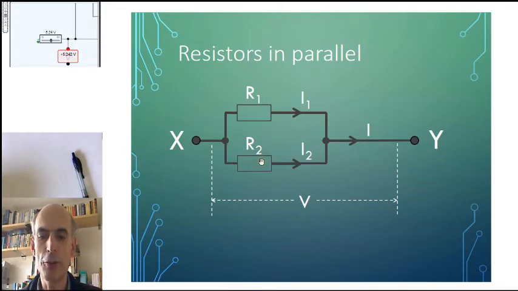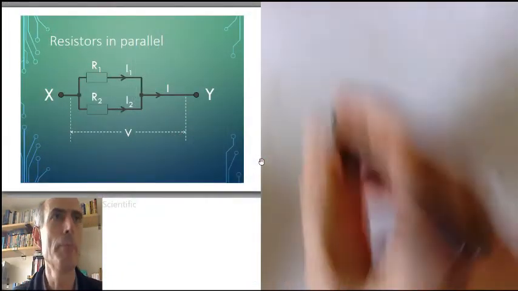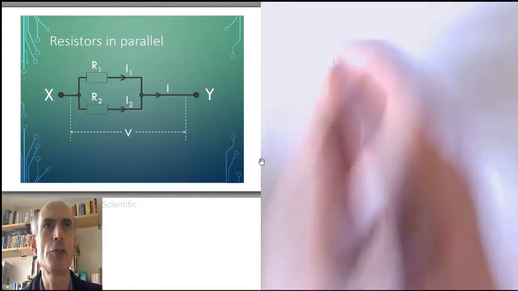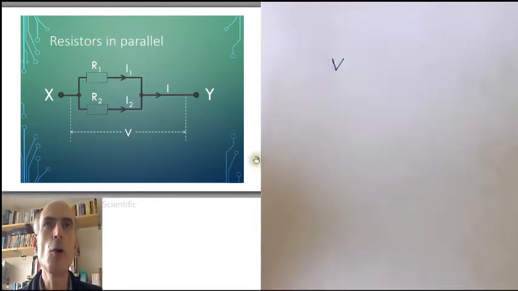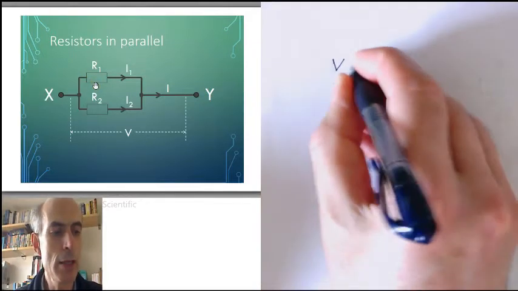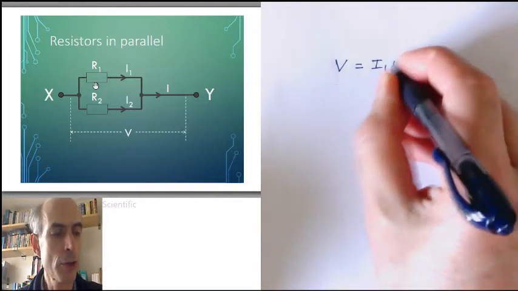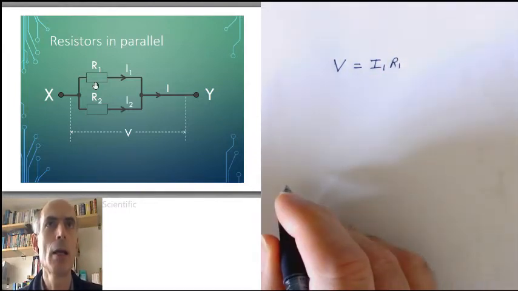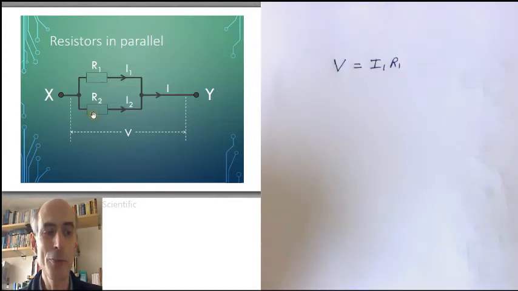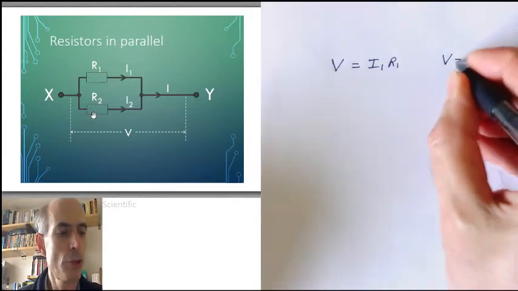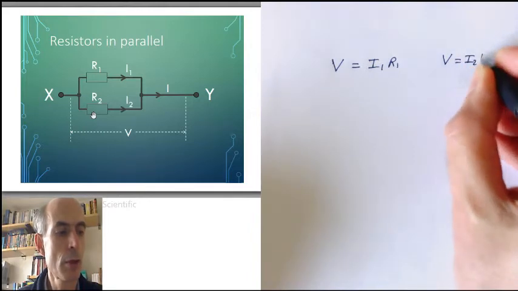Let's do some analysis. Okay, let's have a look. We've got our total voltage across both resistors is V. So Ohm's law applied to R1 would say that V equals I1, the current through R1, times R1. And applying Ohm's law to R2 would give us that the same V equals I2 times R2.